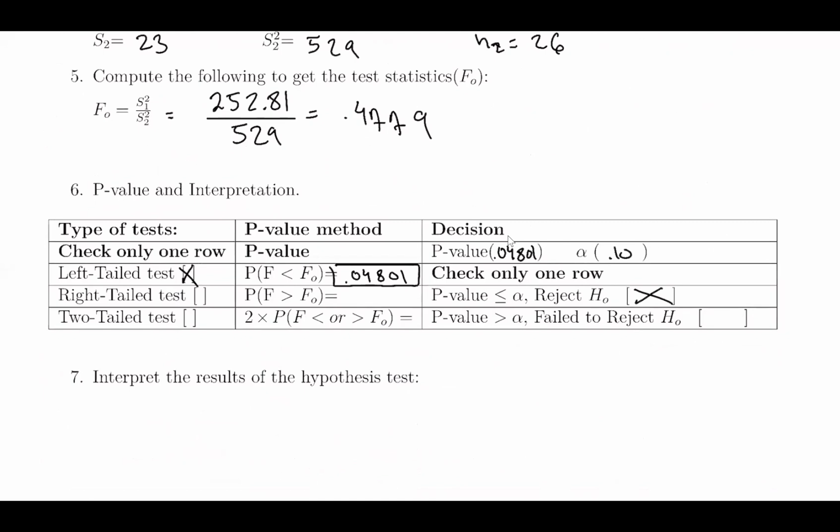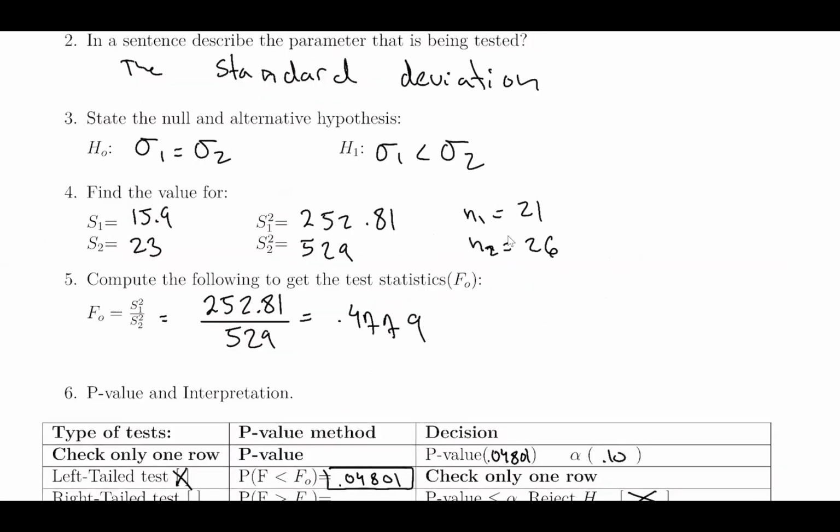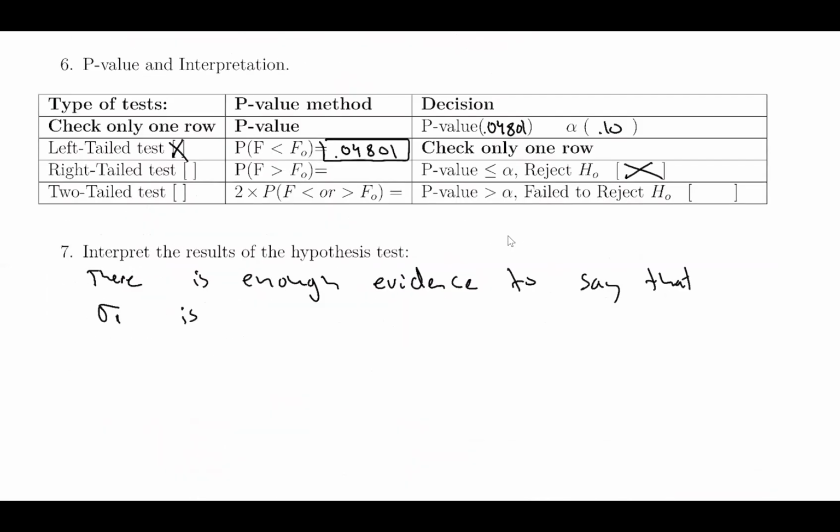Since we reject the null hypothesis, we'll say there is enough evidence to say that sigma 1 is smaller than sigma 2.